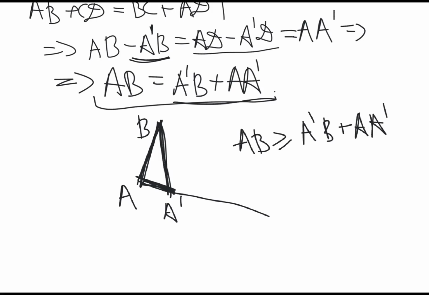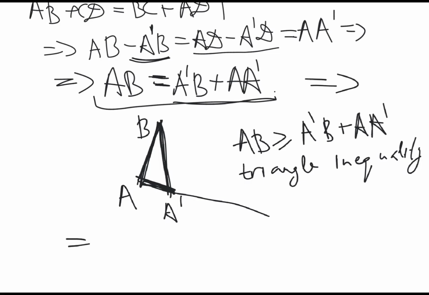So this is the triangle inequality, right? And because we have this equality here, we conclude by the triangle inequality that A prime lies on AB.